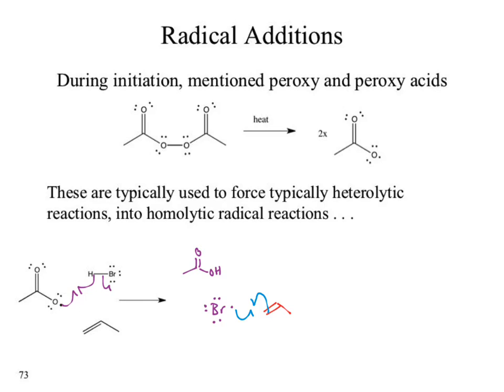To one of the carbons? Carbon 1 or carbon 2? Or why not carbon 3? Can it go to carbon 3? No. Carbon 1 or carbon 2? Okay, probably 2. Why 2? That would generate the more stable carbocation. There's my bromine. There's my radical. What's the most likely thing for this molecule to now encounter?